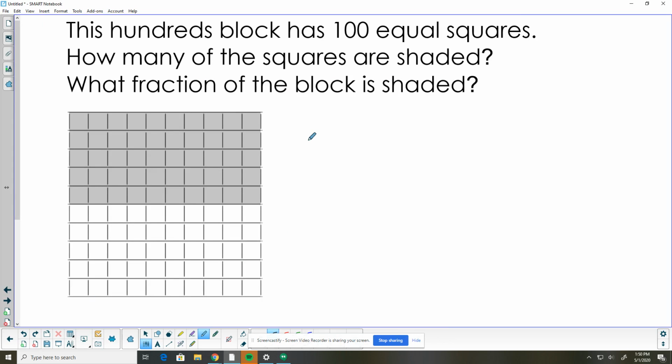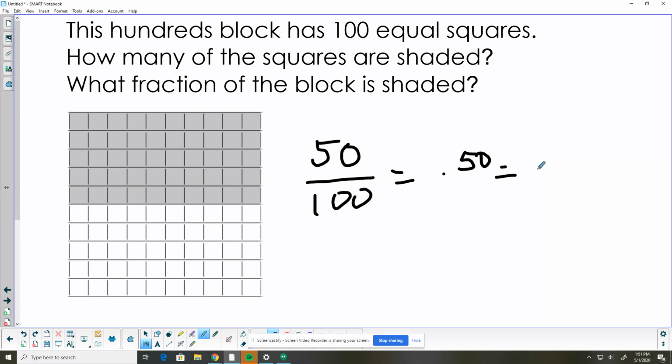If I take a look at this hundreds grid, how many of the squares are shaded? Well, 10, 20, 30, 40, 50. I know there's 50 out of 100. I know that that's the same as decimal 50.